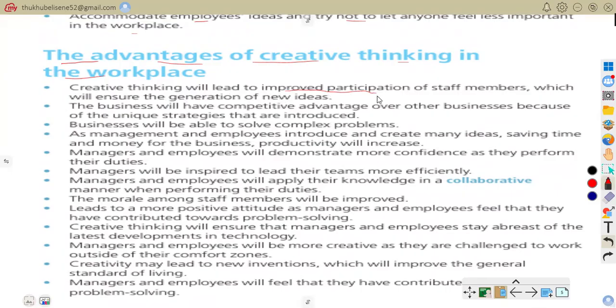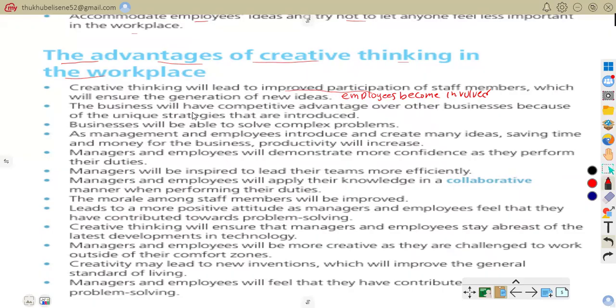So this improves participation, whereby employees become more involved. That is through participation being encouraged, so staff are going to actively share ideas in meetings.